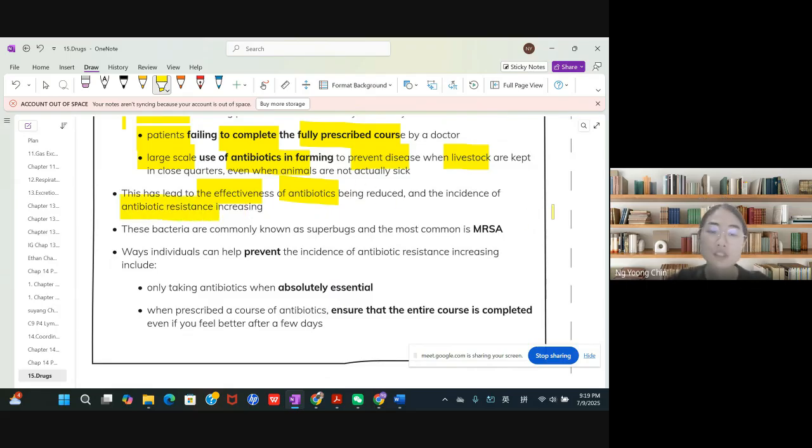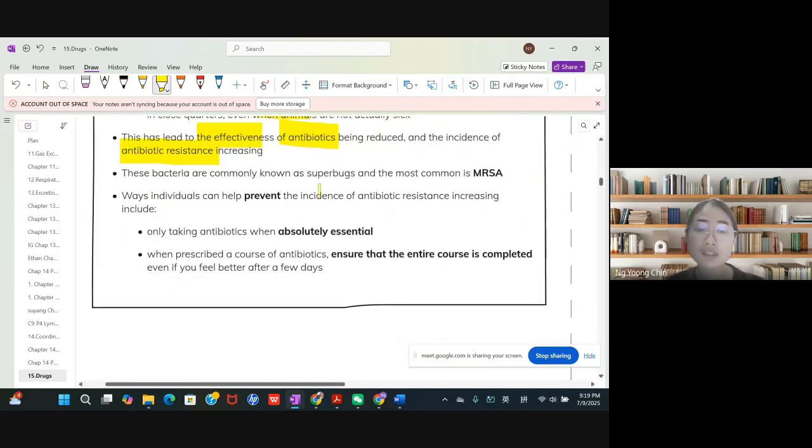So what is the outcome of antibiotic resistance? The outcome is that maybe one day, the antibiotic that you used before cannot treat your illness effectively. It means that your body develops resistance towards the antibiotic.